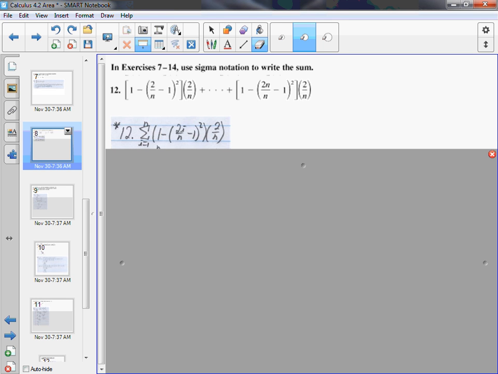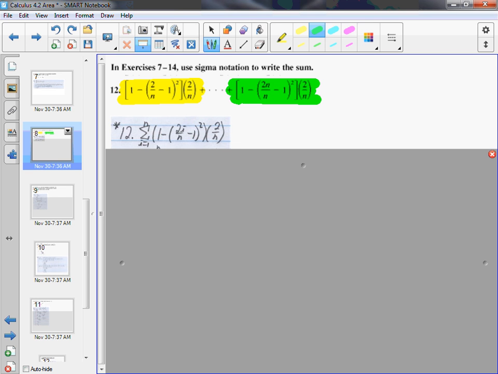All right. So what we need to do is examine our terms here. Our first term is that. Our last term is that. Well, the things that stay the same stay the same.